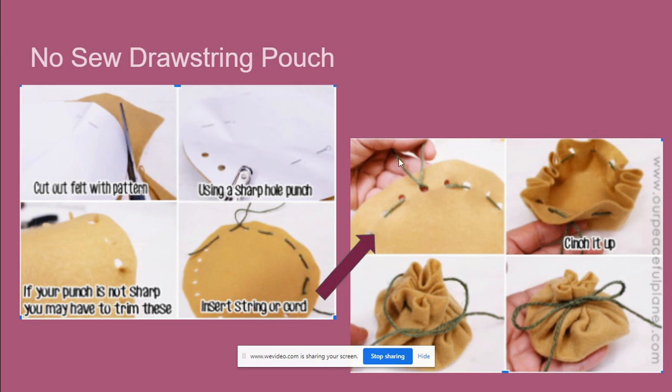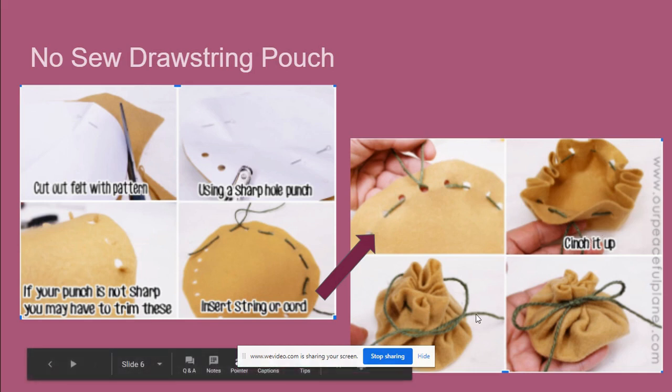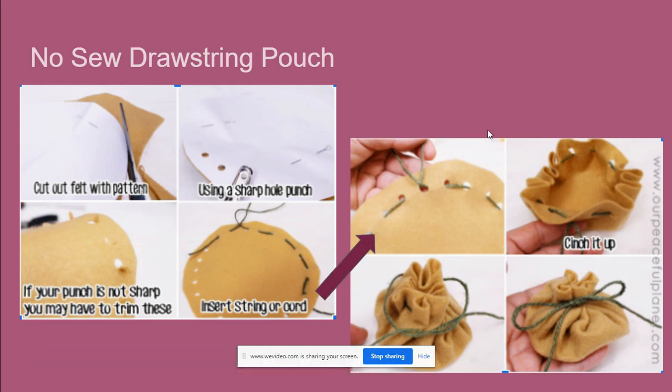Okay, so right here. And then once you get back to the first hole, you can cinch it up. And if your cord or string is really long, you can even really secure it with another bow. So that's how you make a drawstring pouch.